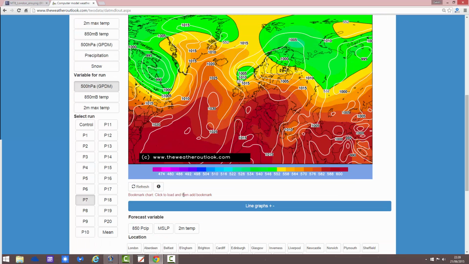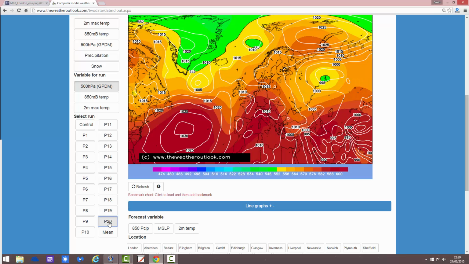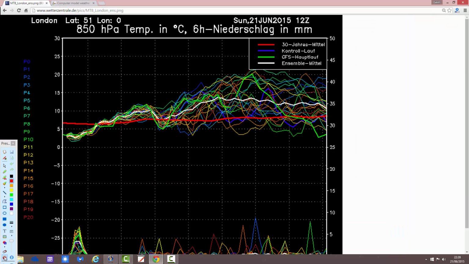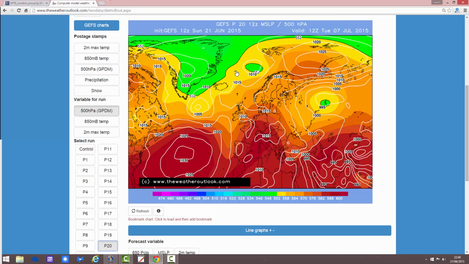And you can go through the whole of the ensemble suite right up to P number 20. This is how P number 20 ends, and P number 20 on this chart is indicated down here by this very vibrant red colour. So it's one of the red members of the spaghetti. And P20 ends on this sort of note, actually quite unsettled.